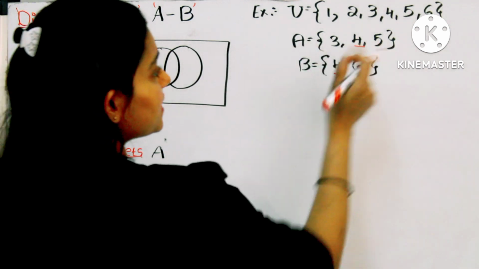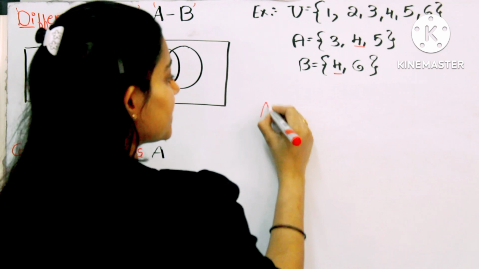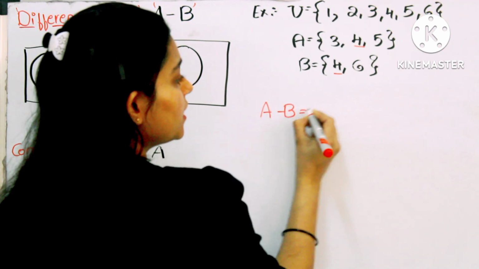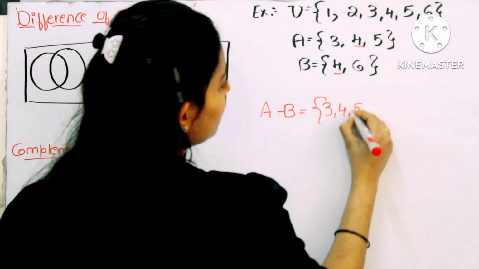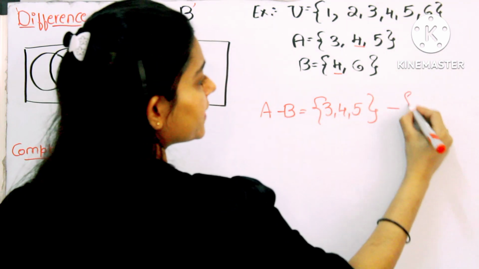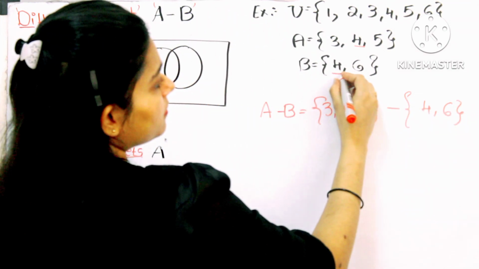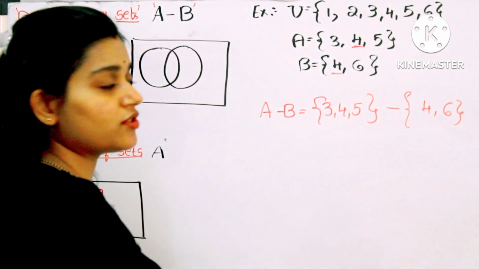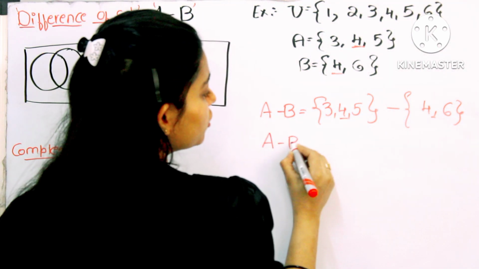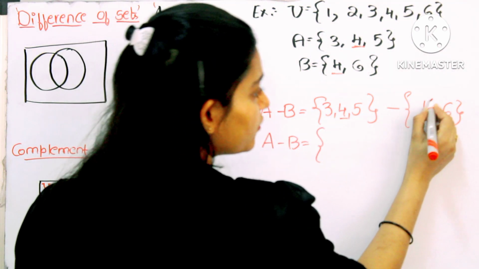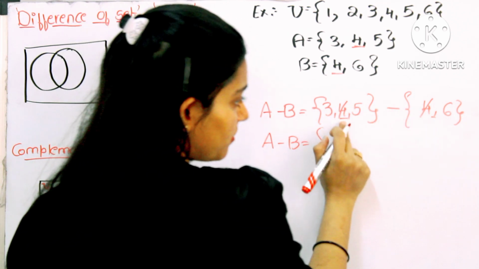Okay, now let's take an example. A is 3, 4, 5 and B is 4, 6. Then what is A minus B? Write A as 3, 4, 5 minus B, which is 4, 6. The common element is 4.